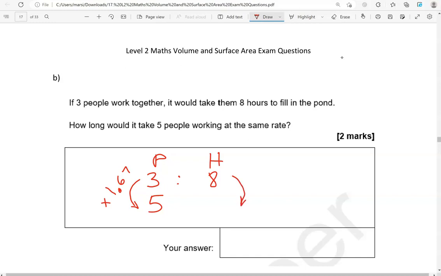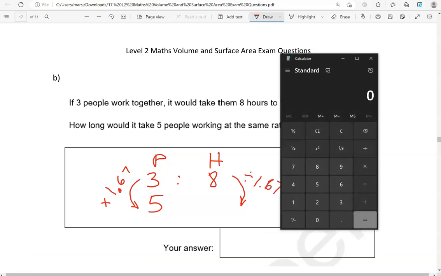Now on this side, we'll do divide by 1.67. That's rounded to 2 decimal places because 6 is recurring. So 8 divided by 1.67 gives us 4.79.